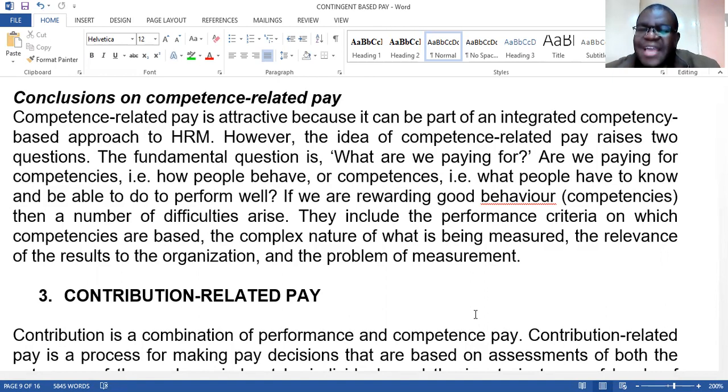Once we identify these behavioral attributes or the competences that we'll be seeking to reward employees for, then you structure a package where you will recognize and reward these persons who have the competences that you are looking for better than you will reward everyone else with the same qualification.